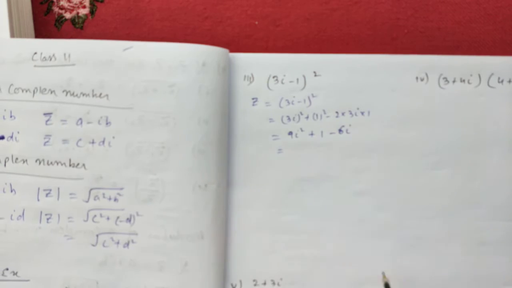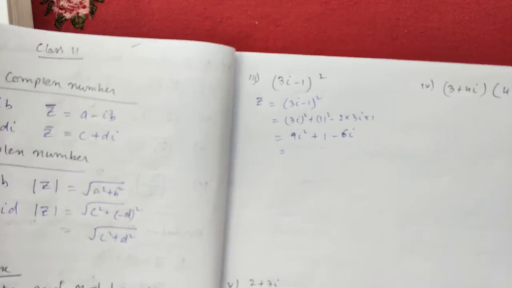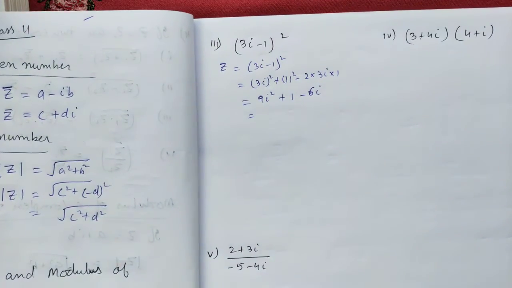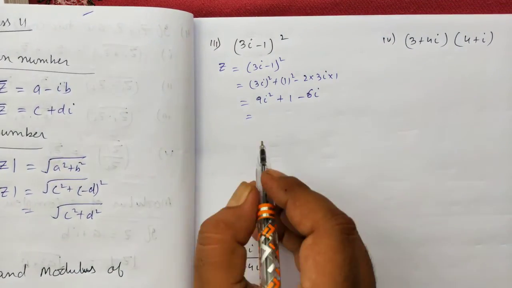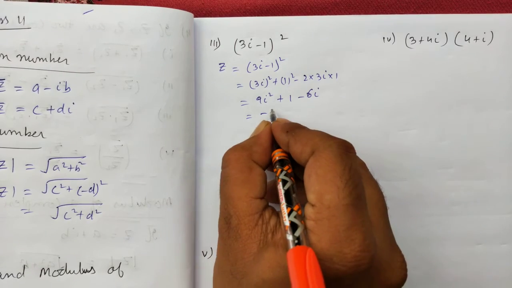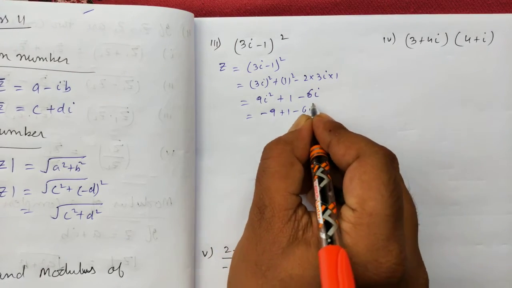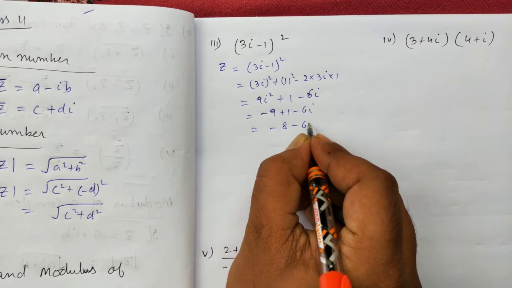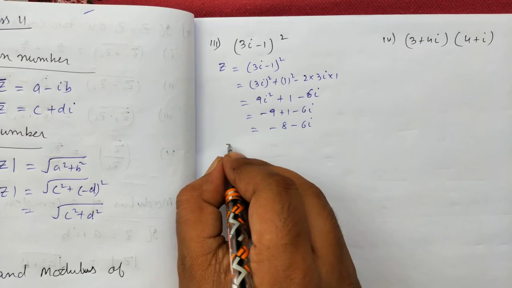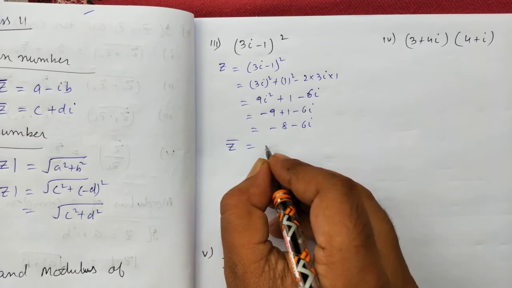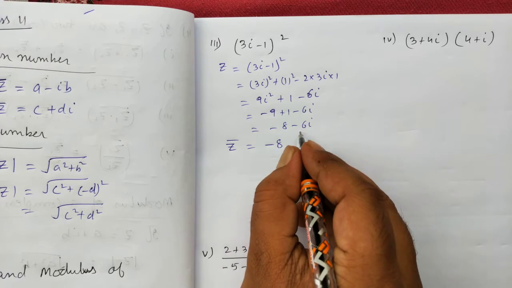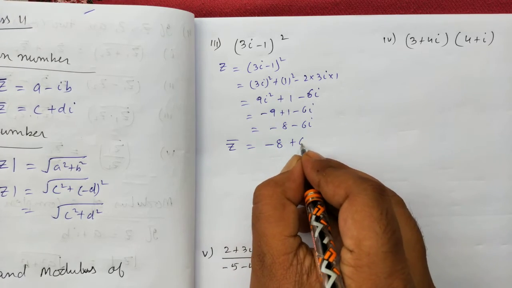This i square is negative, so we can write minus 9 plus 1 minus 6i. So we're getting minus 8 minus 6i. What will be the conjugate? We change the sign of only the i part, so this will be plus 6i.